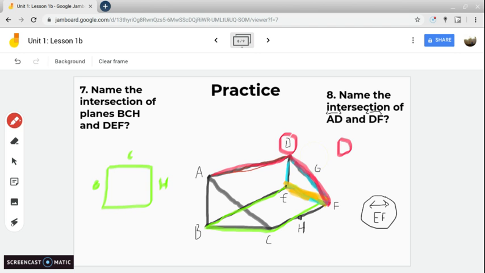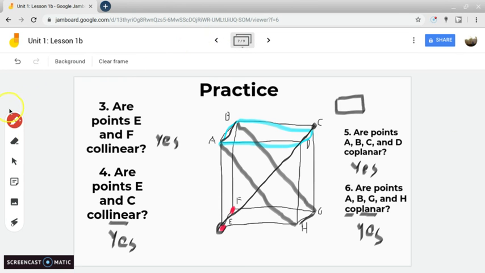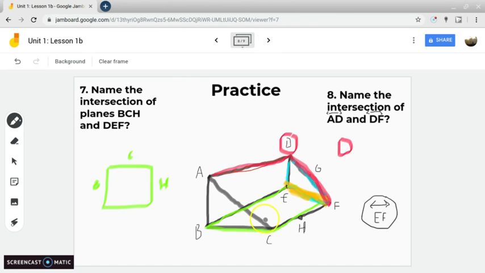Good. Now, before we end this lesson, let me tell you one more thing about this. You might be thinking, well, it almost seems impossible for there to be an example of non-coplanar or non-collinear. But for non-collinear, it would be BCH, remember? Because they're not on the same line.